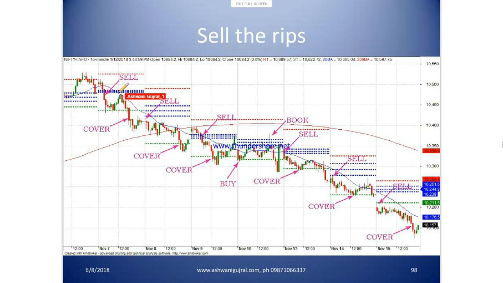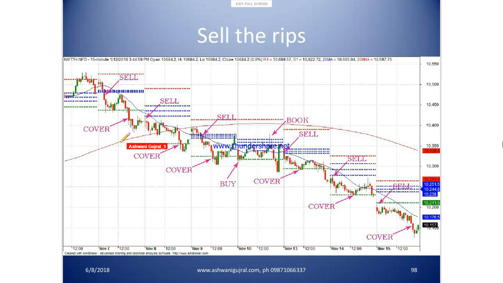This is again, I repeat, 200 which is getting broken. Rallies back up and finds resistance at the pivot. So again, big downside bar, and you just follow through, and by end of day you are able to cover. Next day we open near the pivot, again find resistance, and we are able to cover at lower levels.